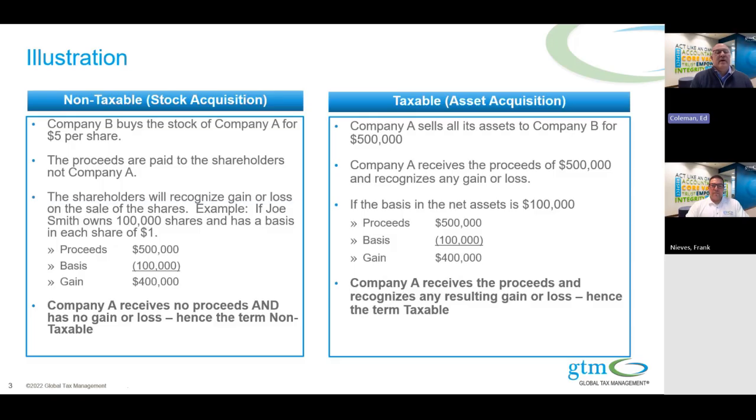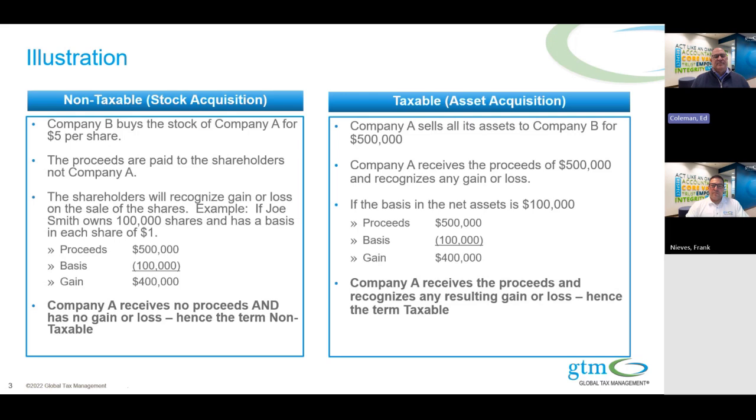In the example, there's $5 per share that the shareholder's getting. And so Joe Smith, in this example, gets $500,000. He paid $1 and has $1 of basis and 100,000 shares. So the gain is $400,000. Company A is outside of the mix. It's really like the box being moved over. It's not recognizing the gain or loss. And that's why, as I said, it's called non-taxable.